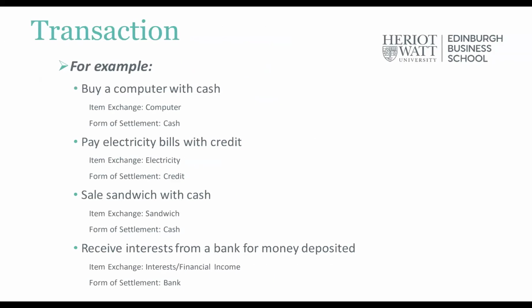For example, if you buy a computer with cash, the item exchanged is a computer, isn't it? And the form of settlement, since you are buying with cash, is called cash. Is that clear? Then if you pay electricity bills with credit, the item exchanged is electricity, isn't it?